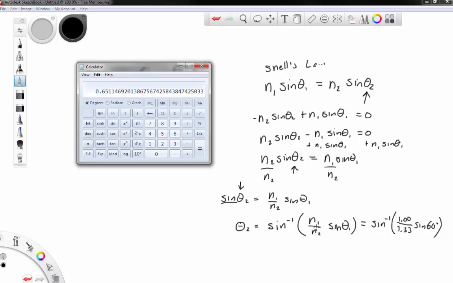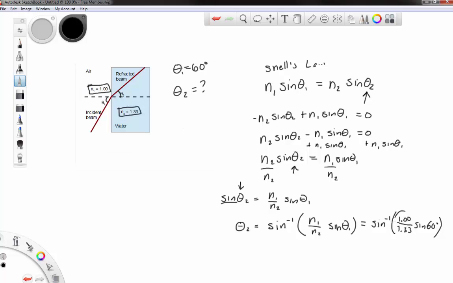Okay, now I've got this whole number that's in here. This whole number is 0.65114 or whatever, so all of this comes out to about 0.65.